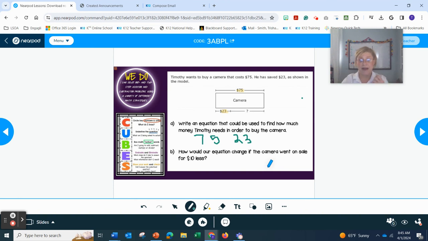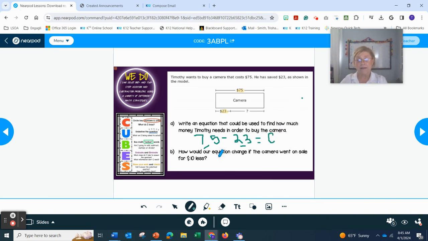Correct, we are subtracting. So we have our minuend and our subtrahend. And when we get that, we are going to get our difference. Or we could, instead of doing that, we can put C for camera.